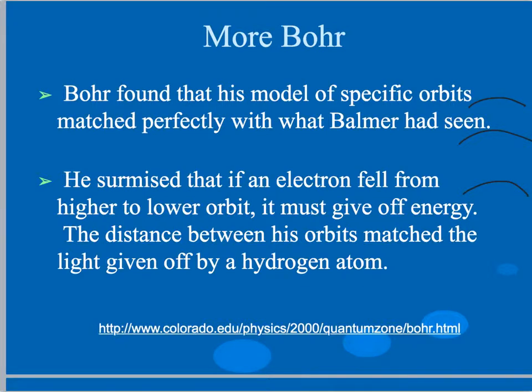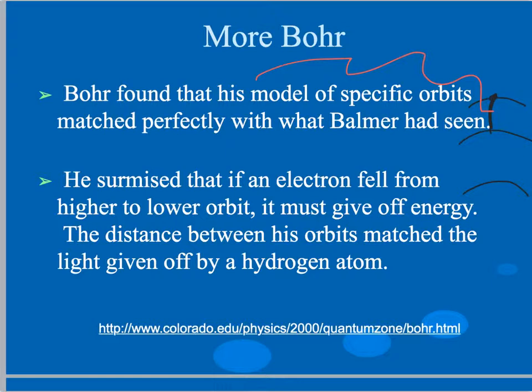And so the distance between his orbits matched that light that had been seen by Balmer. So let's say we have an electron that's excited up here, and it makes a little fall, a low energy fall, because it's just going a short distance. Then Bohr said it must be giving off red light, so it's a small fall.